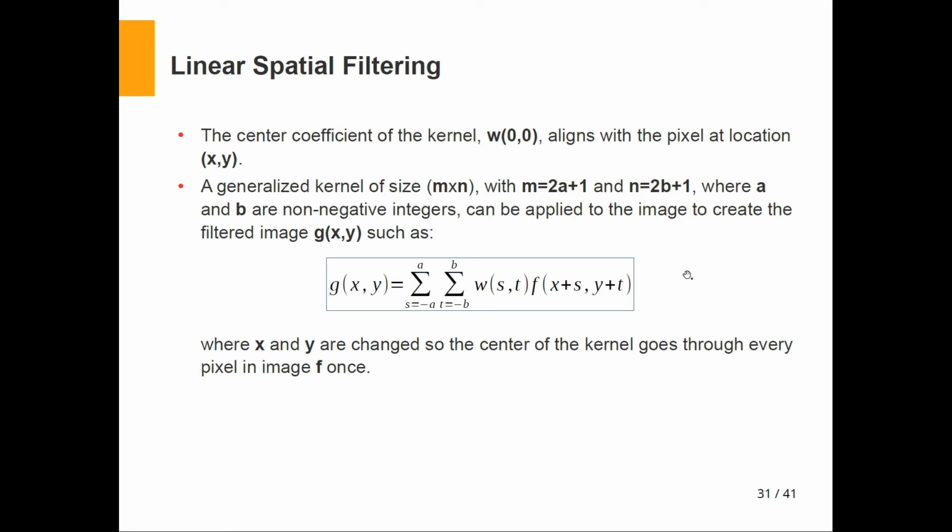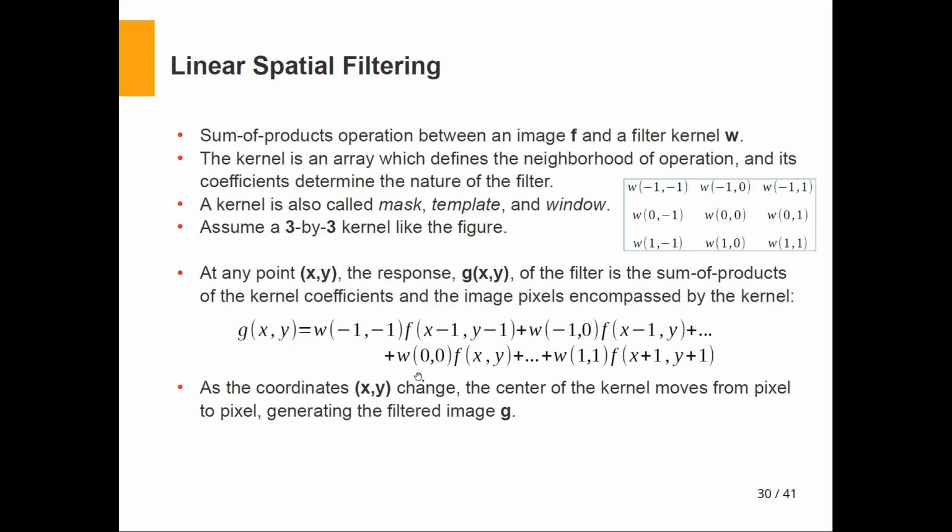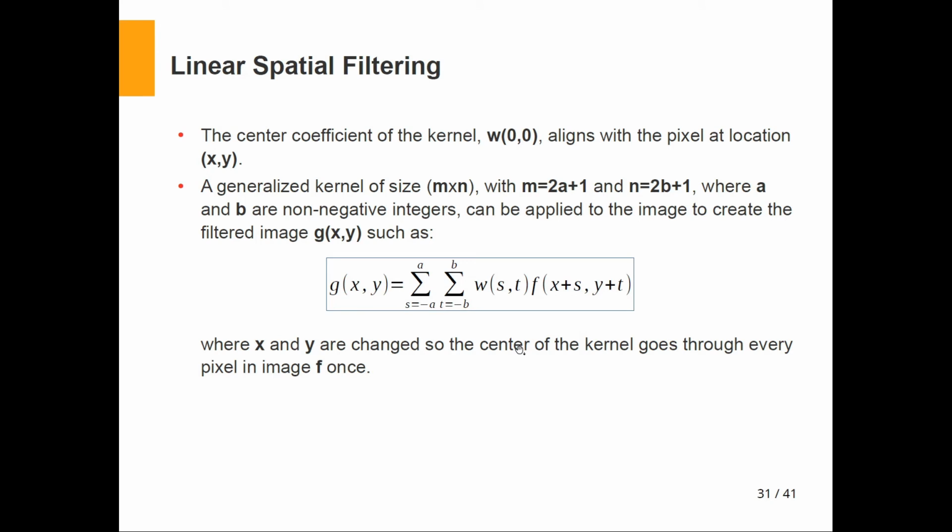For the previous example, we had m and n both equal to 3, so the value of a is 1 and the value of b is 1. If we replace a and b with 1 in this equation, we get the same equation. Of course, when we have kernels of larger sizes, it's much better to write the filtering operation in this form because it's much more concise.